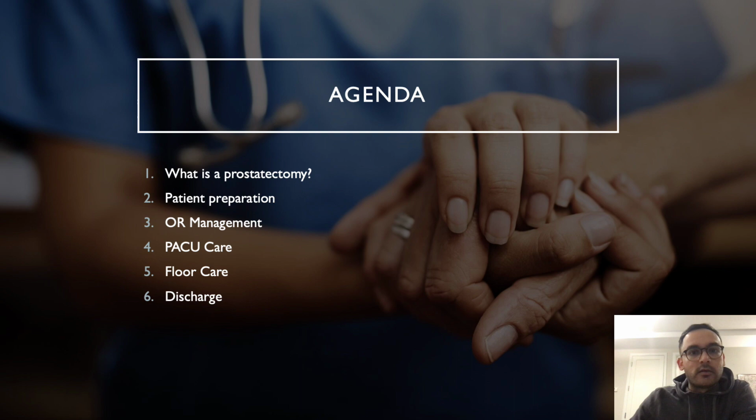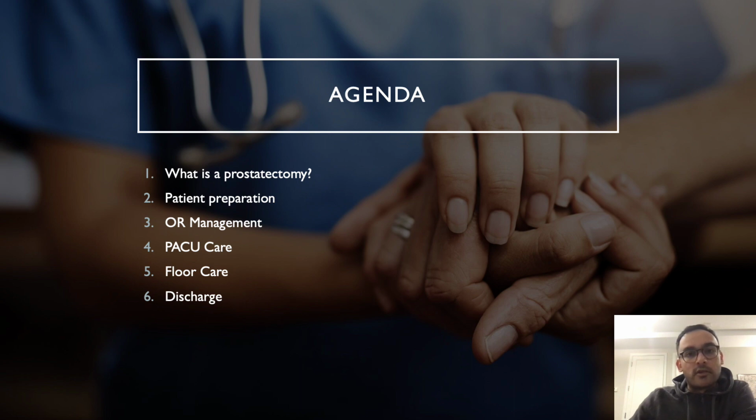So what I plan to cover in this presentation today is what is a prostatectomy, why do we do this procedure, and why are we offering it to patients at our site, how these patients are being prepared by my office, and then once they get to the hospital, what kind of preparation do we need to do in order to get them safely into the operating room.